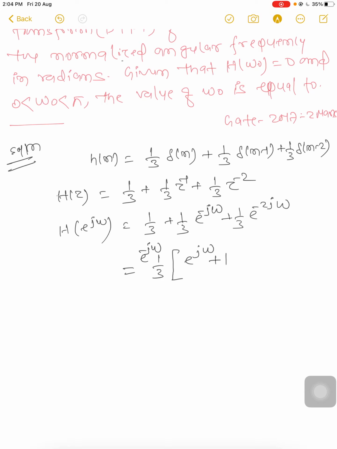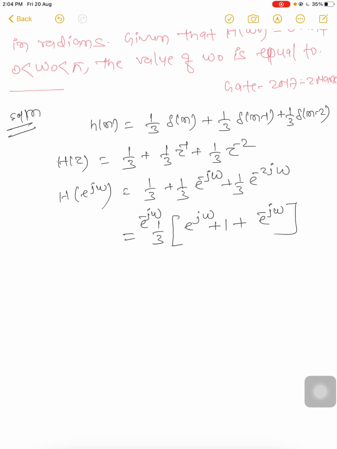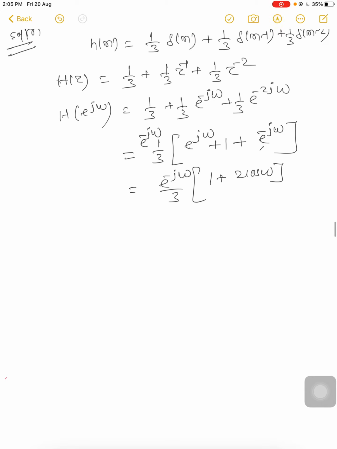Here it becomes e^jω plus 1 plus e^-jω, and using the Euler formula, e^jω is cos ω plus j sin ω, and e^-jω is cos ω minus j sin ω. Okay, so H(e^jω) is equal to e^-jω by 3 times (1 plus 2 cos ω).